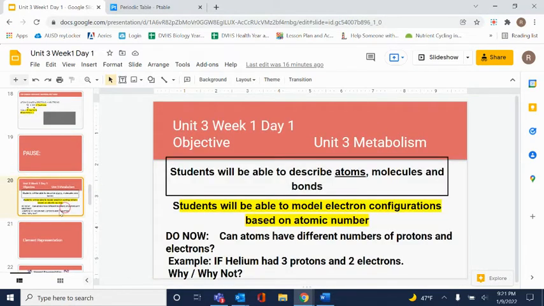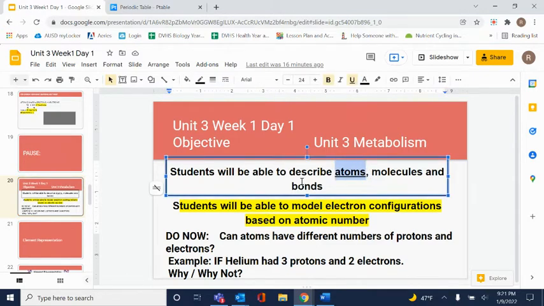Today, we're going to move forward with still atoms. We're still not completing this big overarching objective of atoms, molecules, and bonds. We're coming to the point where we'll be able to talk about bonds as soon as we finish up with atoms.